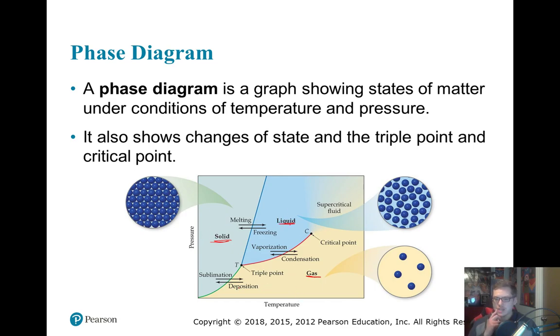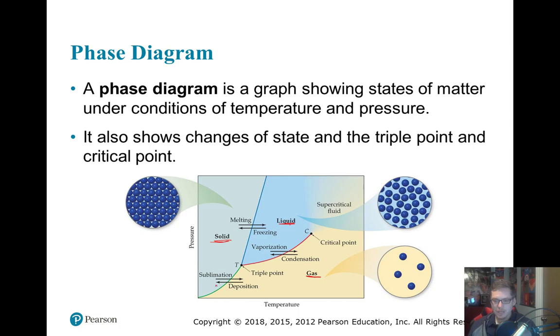This phase diagram here is like an example phase diagram of about 90% of what molecules' phase diagrams look like. All right, when we are on these lines right here, we are at dynamic equilibrium. So if we're at the specific temperature and pressure right here, that means our sublimation and deposition are occurring simultaneously.